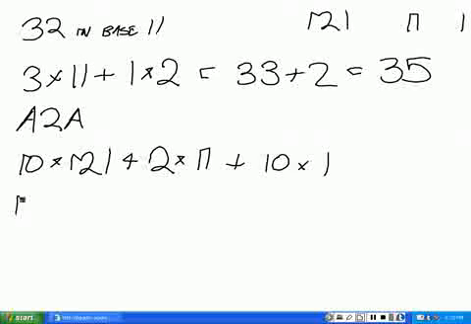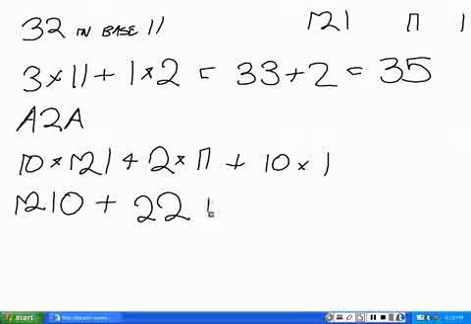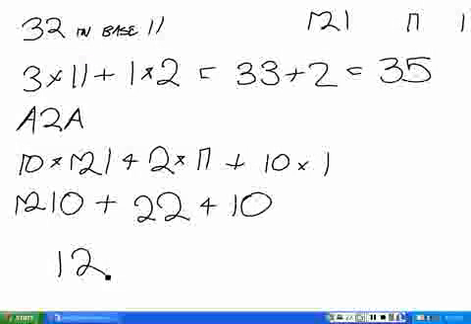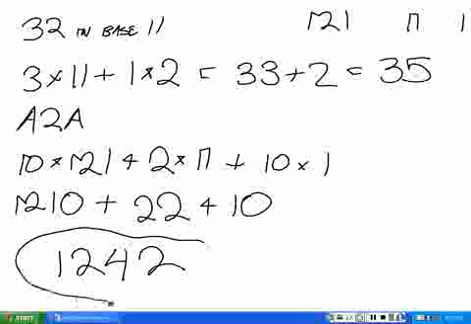So we get 1210 plus 22 plus 10. So that's 1210. Well, 22 and 10 are 32. So 1210 plus 32 is 1242.